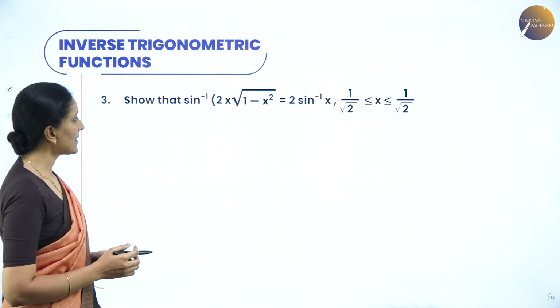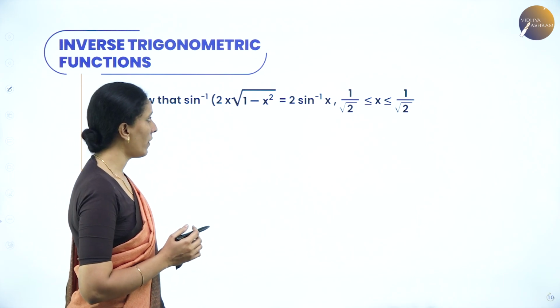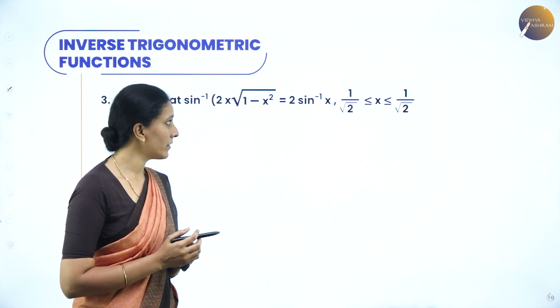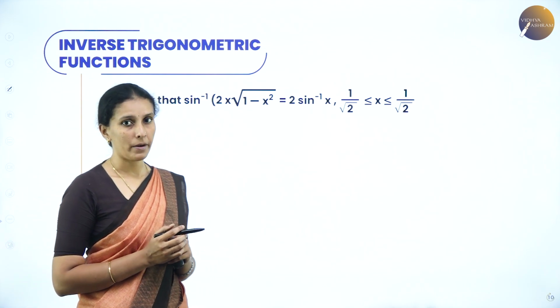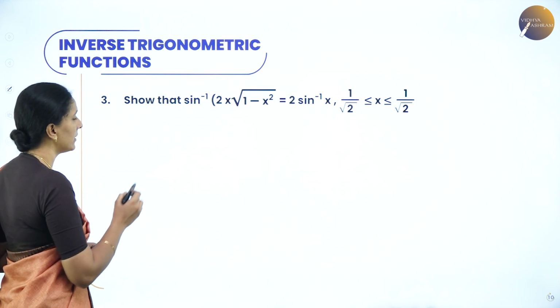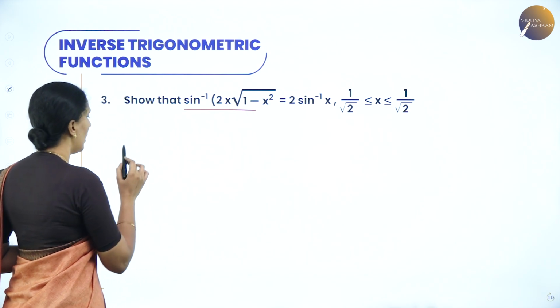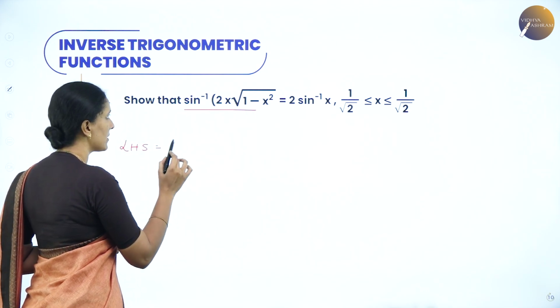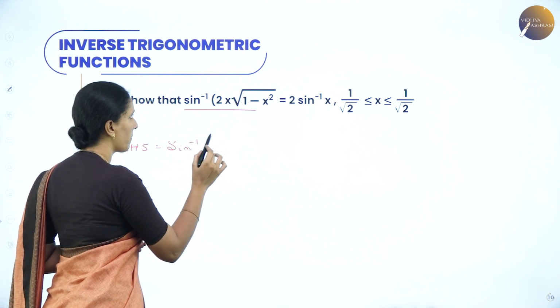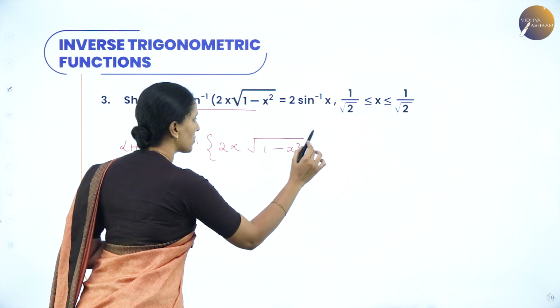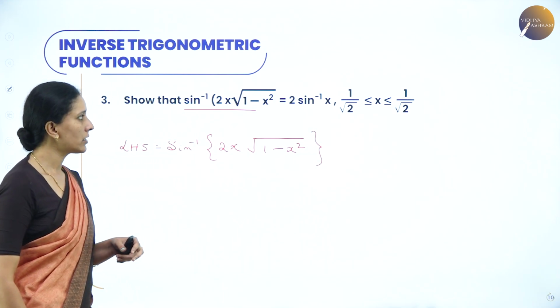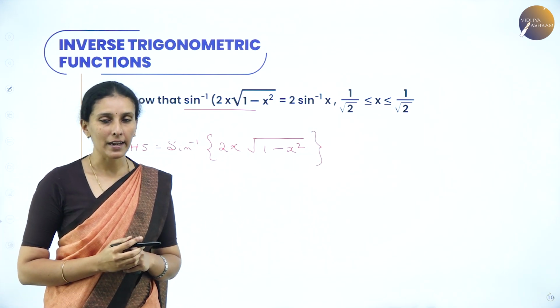Next, show that sine inverse of 2x root of 1 minus x square is equal to 2 sine inverse x, where x lies between minus 1 by root 2 to plus 1 by root 2. So, let us take the left hand side of the function, that is sine inverse of 2x root of 1 minus x square. This should be equal to 2 sine inverse x.